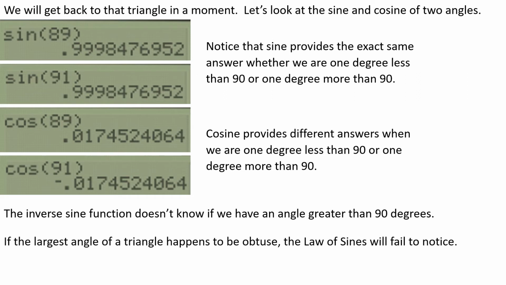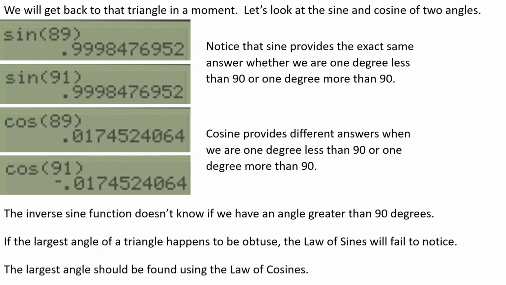So the law of sines is not the method we want to use to find an obtuse angle. So if I have a choice with the law of cosines, I will always choose to find the largest possible angle because the law of cosines will not let me down.